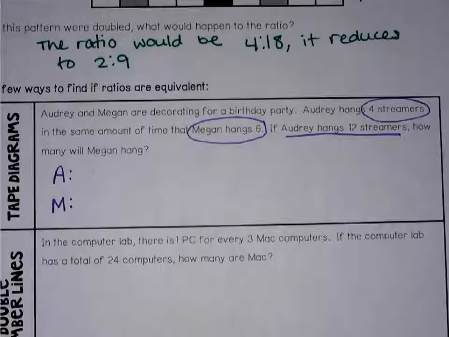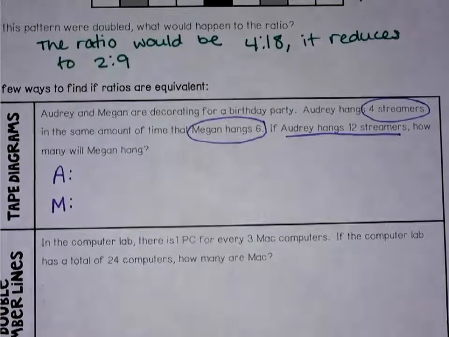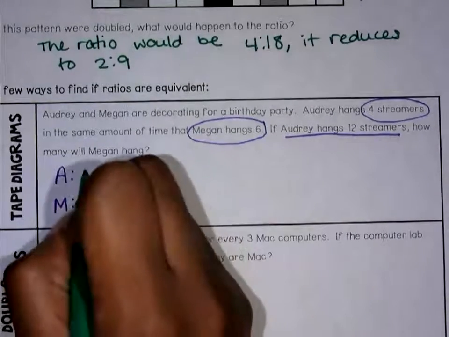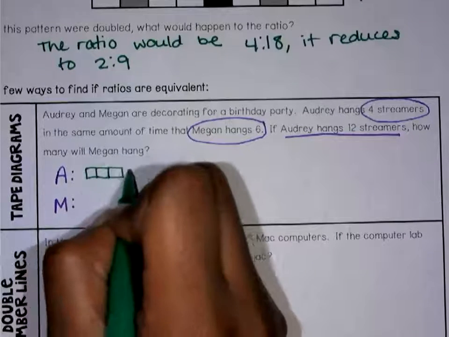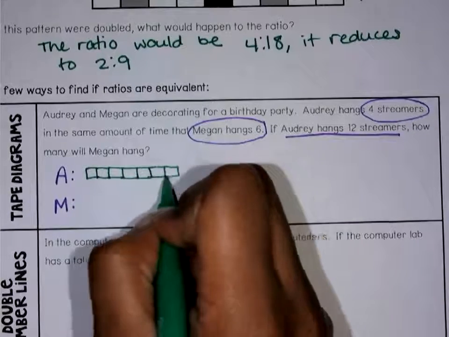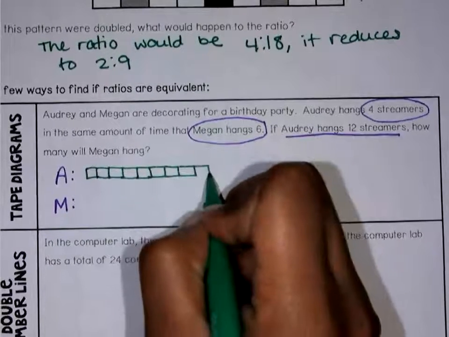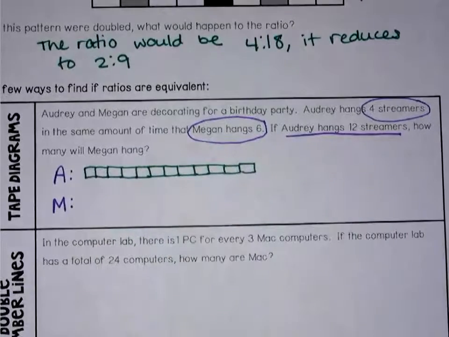Audrey hangs 12 streamers, so I'm going to go ahead and box my 12. So they look like this. 1, 2, 3, 4, 5, 6, 7, 8, 9, 10, 11, 12.